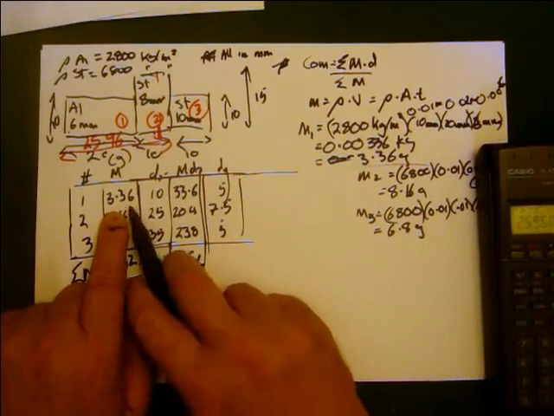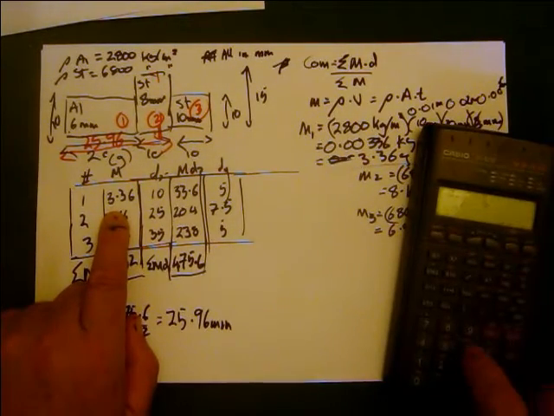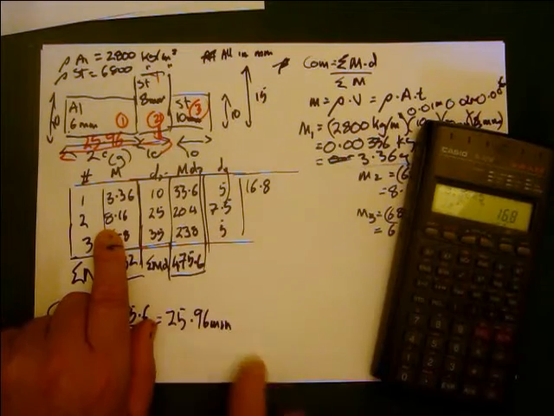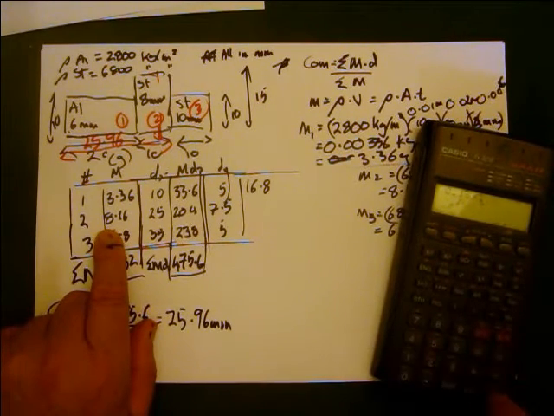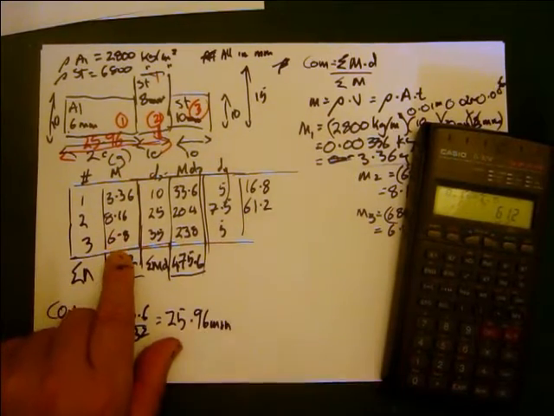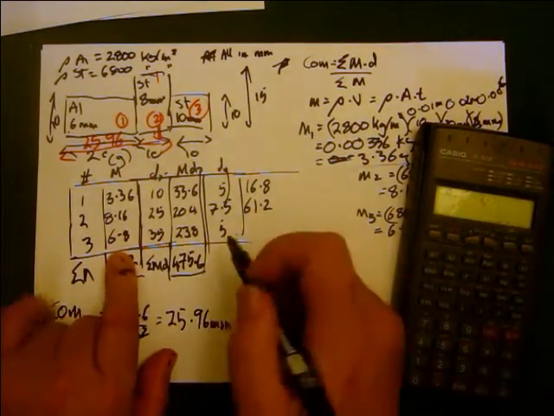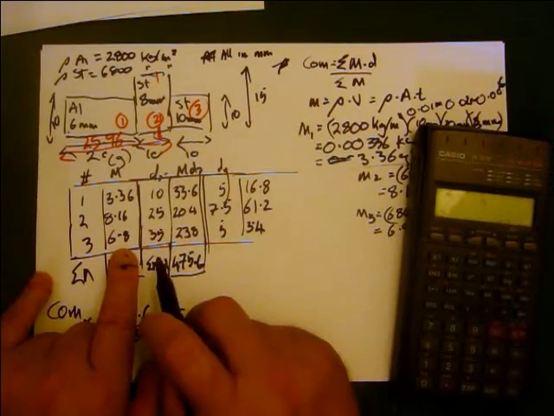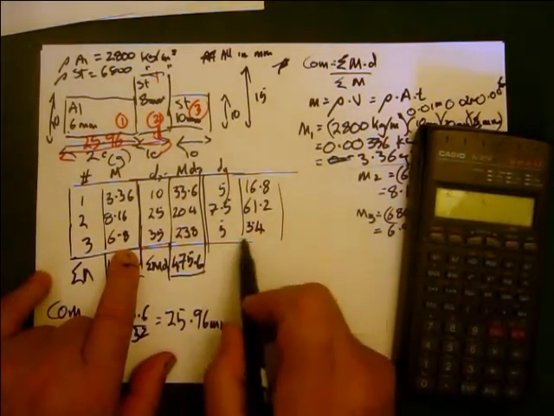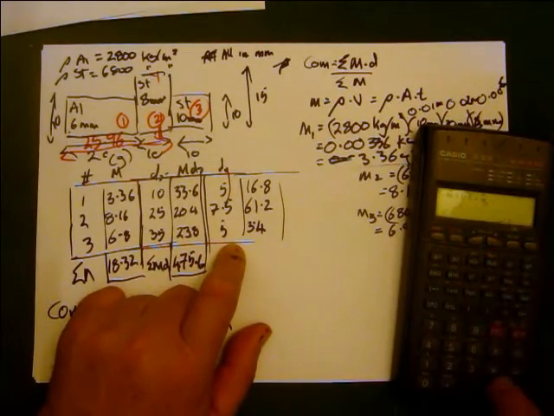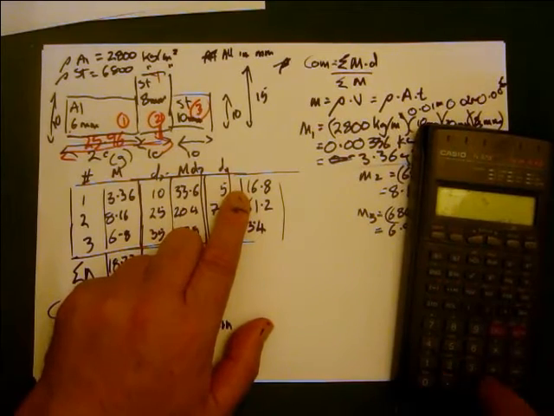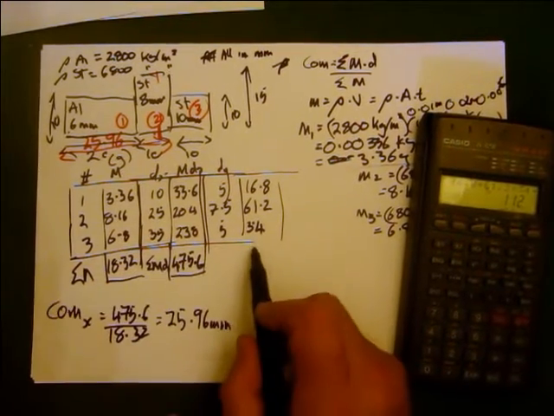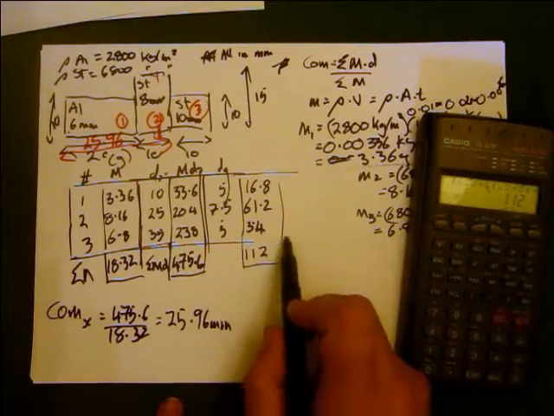So we multiply the mass times the distance: 3.36 times 5 is 16.8, 8.16 times 7.5 equals 61.2, and 6.8 times 5 is 34. Adding them all together, 34 plus 61.2 plus 16.8 equals 112.